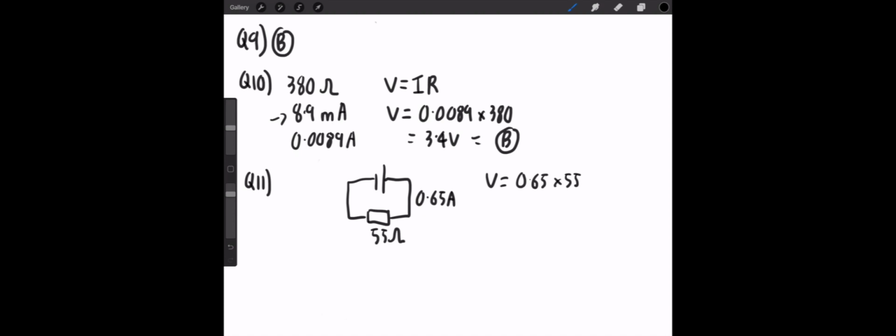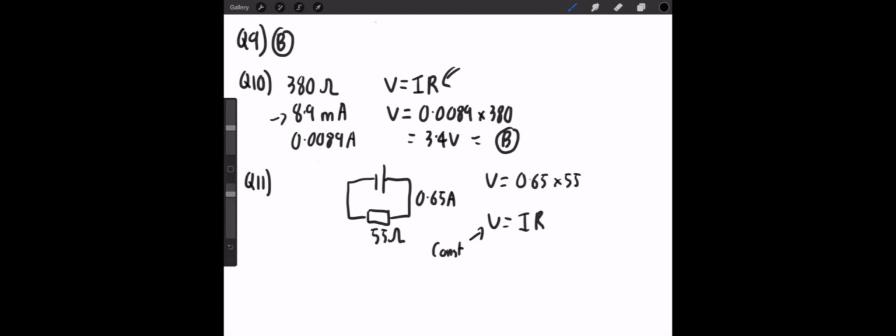If we look at this relationship up here, I can say that if I'm going to keep V a constant, if I'm going to double the resistance, so we've got V equals IR, this one is going to be a constant, that's not changing, the question says that.